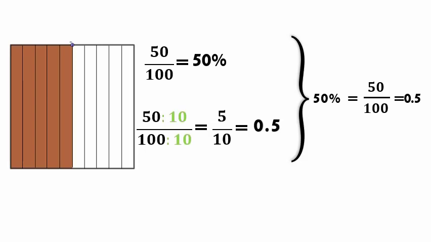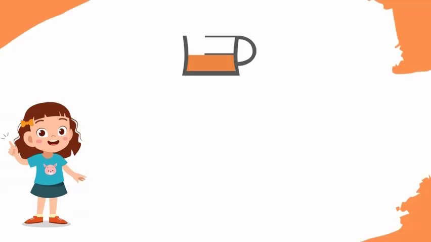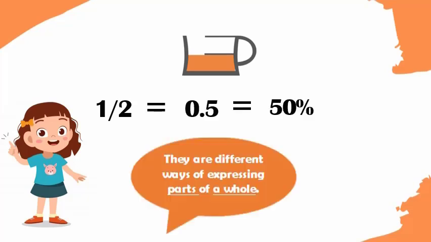So, we can represent the colored parts as 5 tenths and 50%. So, we can represent half a cup of tea as a half, 5 tenths, and 50%.